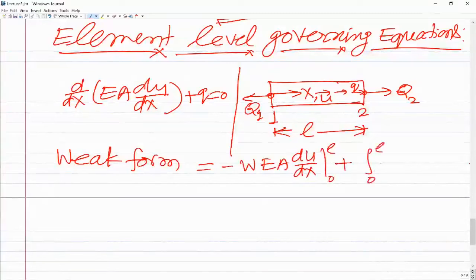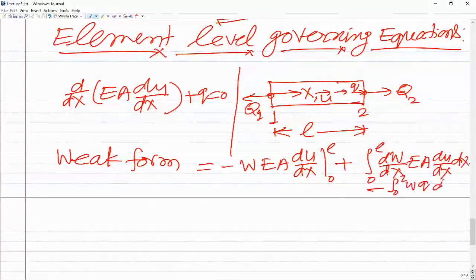Integration 0 to L of dw by dx, I'm using capital X, the local coordinate of the element, into EA into du by dx dx, and minus integration 0 to L of wq dx is equal to 0. So this is a weak form that you already know, we have done it.